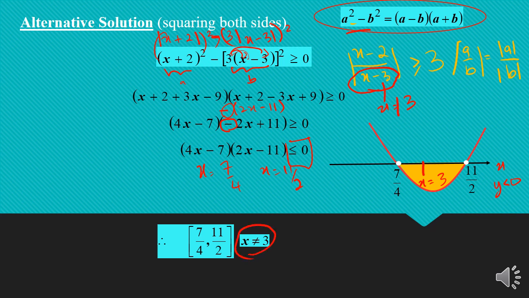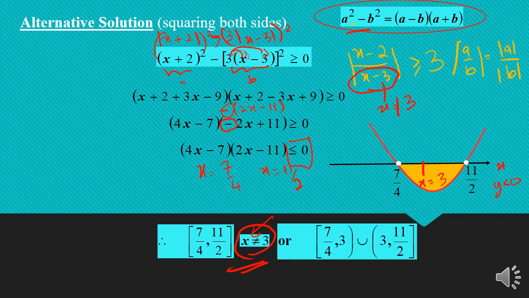You should write down that this value must not be included. It must be stated in the answer. Or if you want to write in interval form, without the value of x equal to 3, we can write it as closed bracket 7 over 4 to 3, open bracket, union with open bracket 3 to 11 over 2. This open bracket means that 3 is not included.